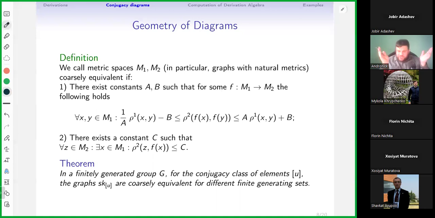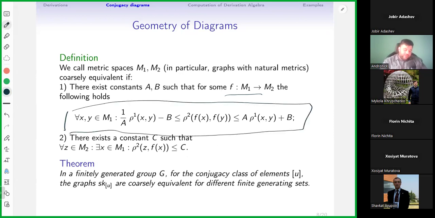So what is a quasi-isometry? If you have two metric spaces and a map f between them, then if this long formula holds, the map f is called a coarse map, and if the second holds, then it is called a quasi-isometry. So what does this mean?